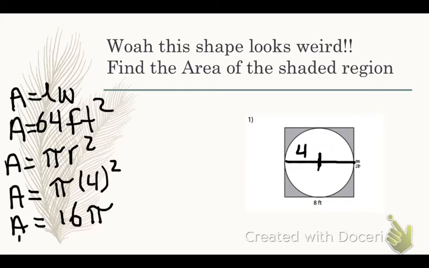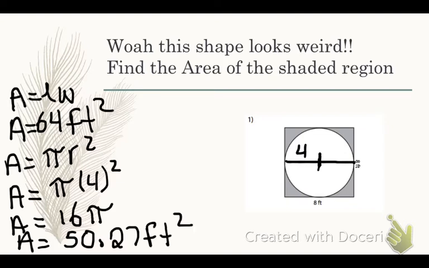So A equals 16 times pi, which is 50.27. There is a 5 after the 6, therefore we round the 6 to a 7. Feet squared.